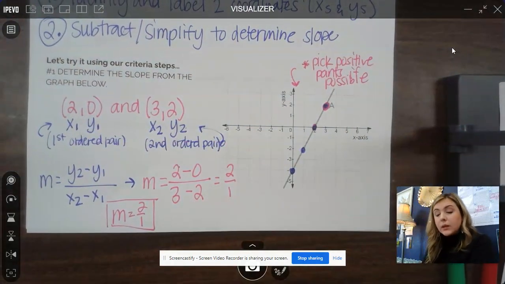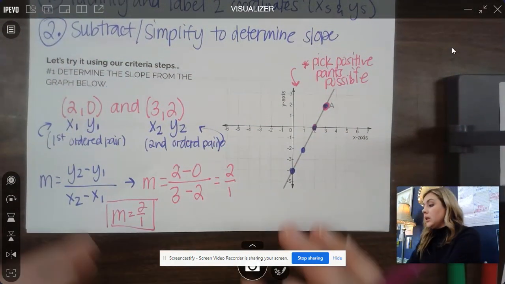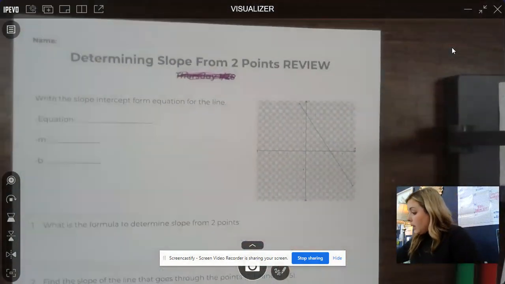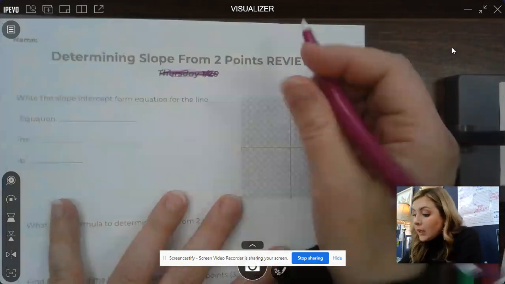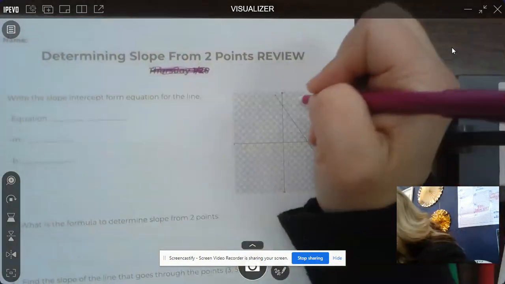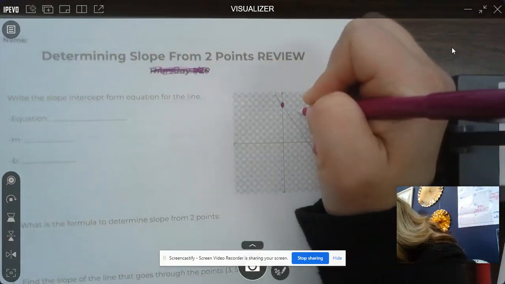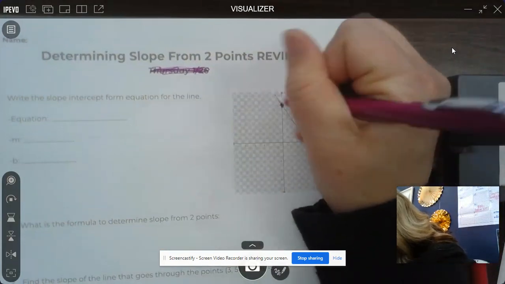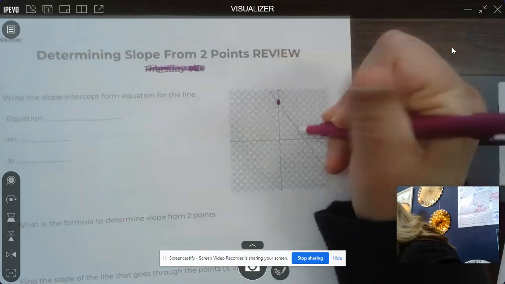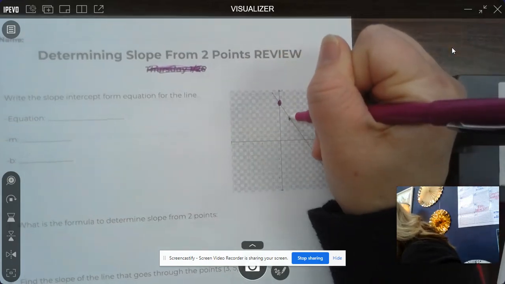So this one's obviously worked out for you. You pause and copy this on the note sheet as needed. I'm going to work this one out really quick, just showing you what it looks like. So I could count this from the graph, but I want to show you that it works. So what I'm going to do is get two coordinates from this line. I found this point right here, and then I found the point 2, 5 right here.